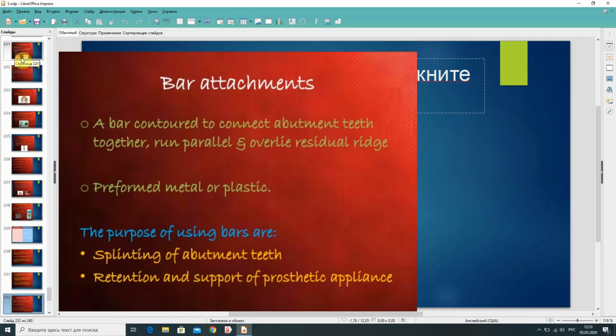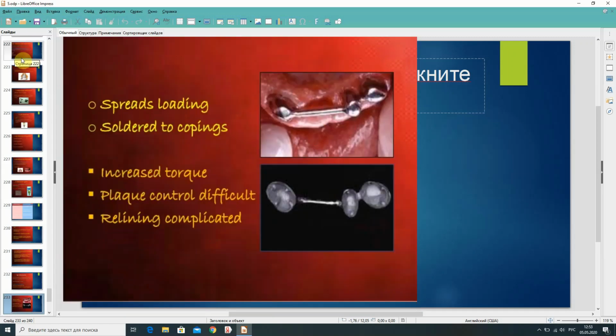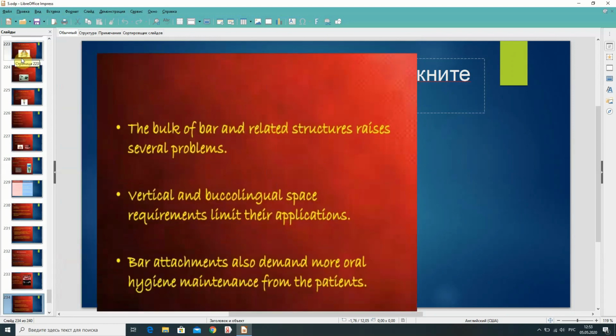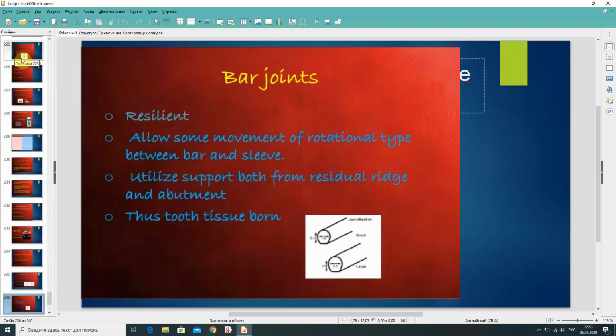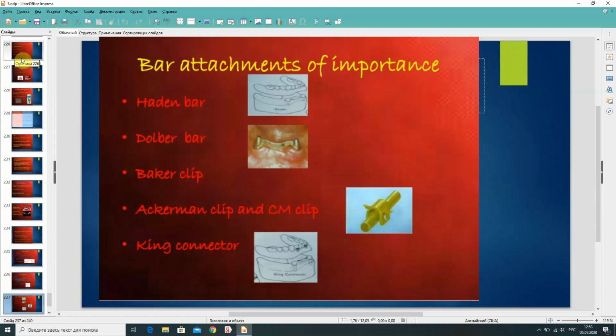Bar attachment. Bar units. Bar joints. Bar attachments of importance.